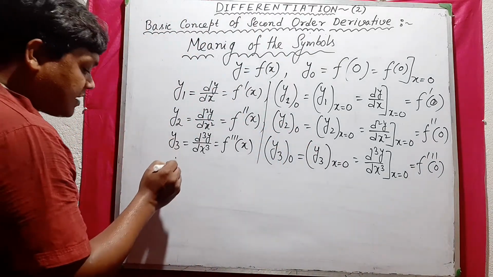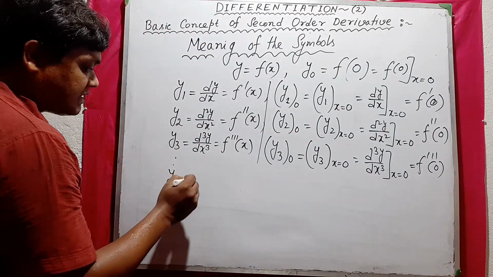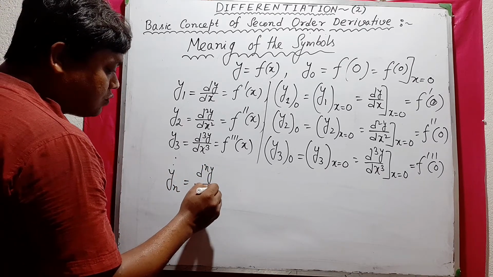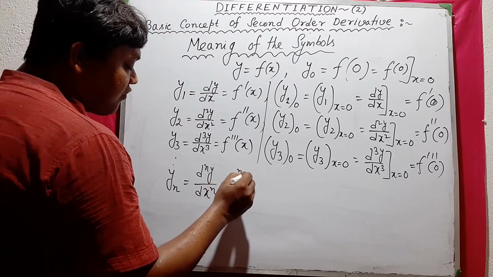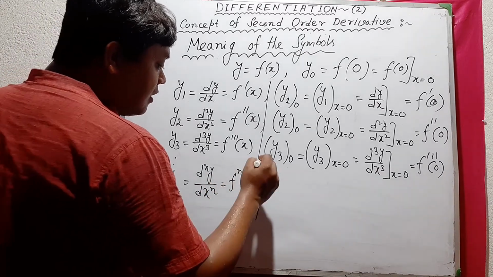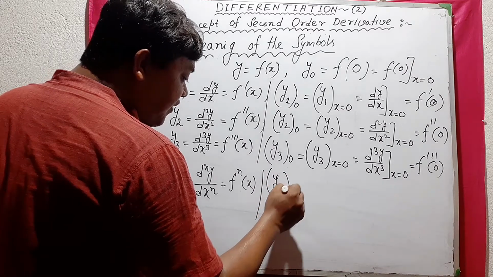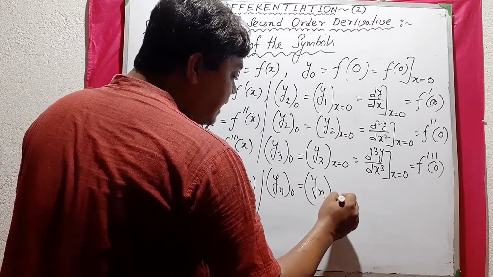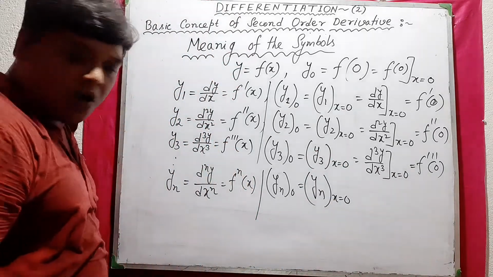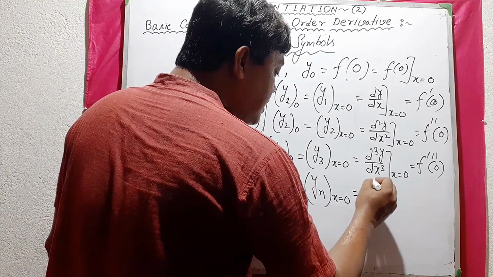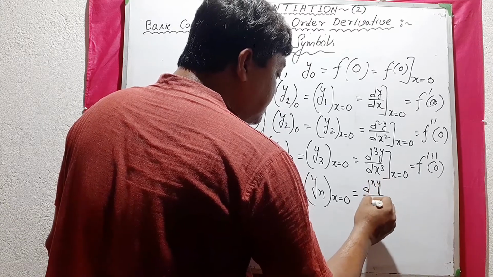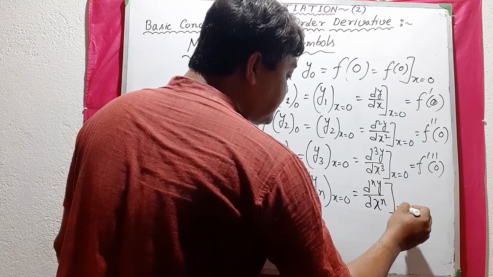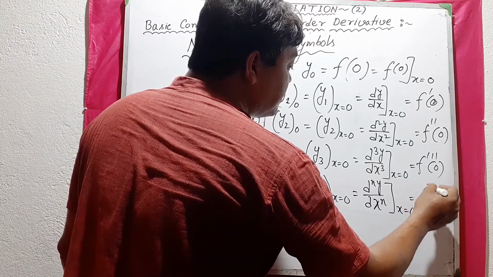And in a similar fashion yn, that means nth order differentiation with respect to x, that is f^(n)(x), or yn(0), that means nth order derivative at the point x equals 0, or equivalent to dⁿy/dxⁿ at the point x equals 0, or nth order derivative of f at the point x equal to 0.